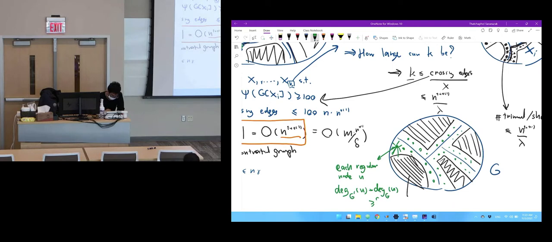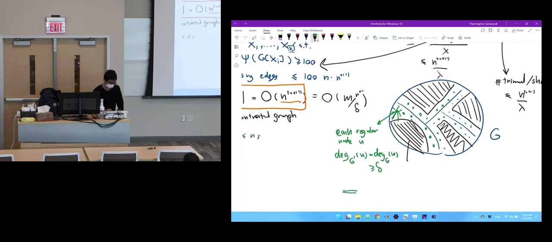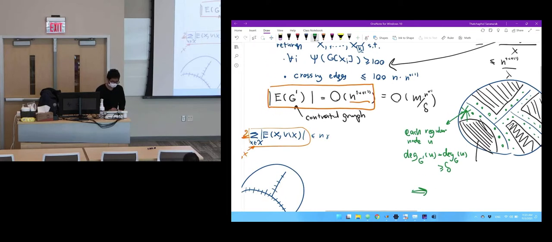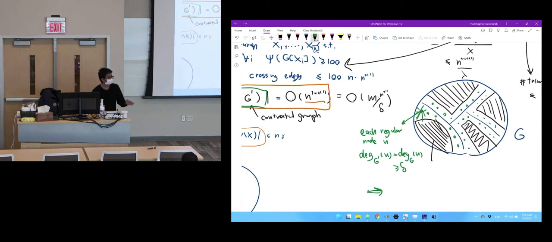Which is at least delta. And now it follows that the number of regular nodes must be small, because the total number of edges in G prime is something like n, and each of these has large degree.